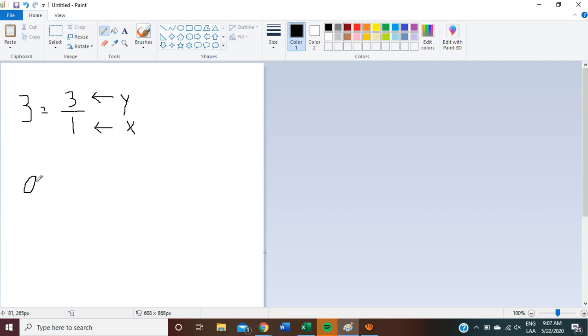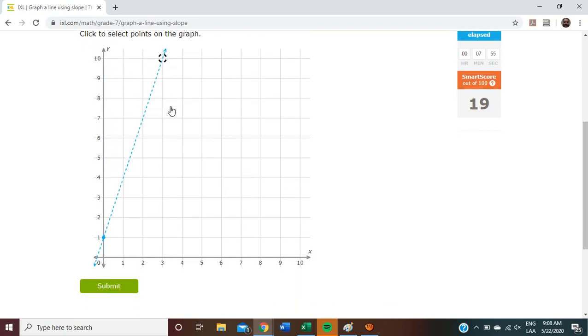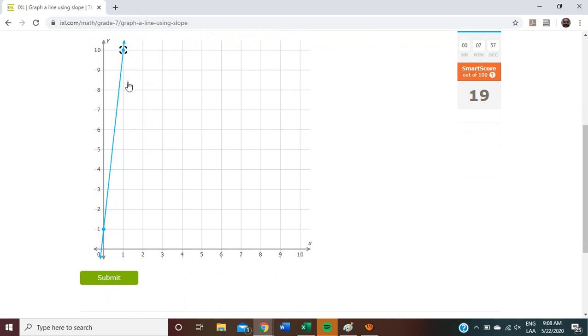So 9 equals 9 divided by 1, or 9 over 1. So we go up 9 times and we end up in 10 because 1 plus 9 equals 10, and only 1 to the right. Okay? Submit.